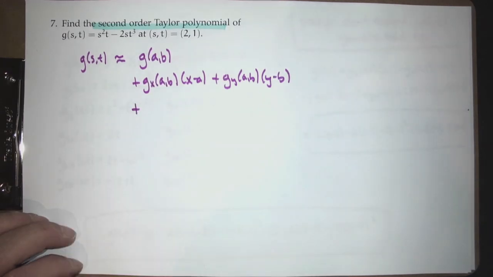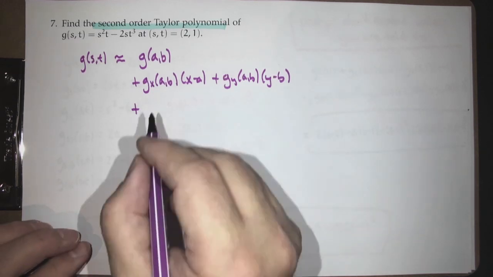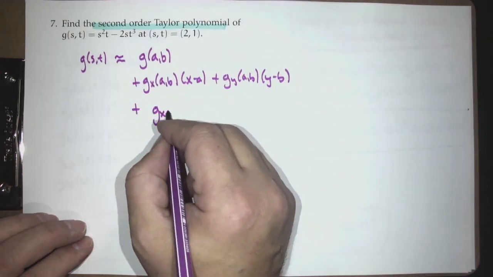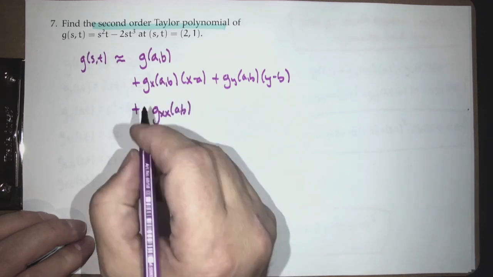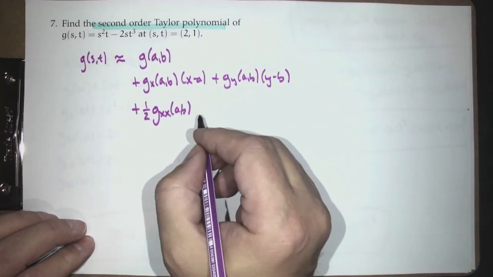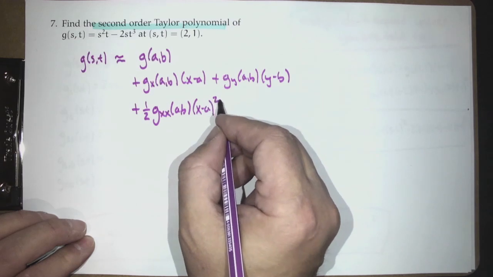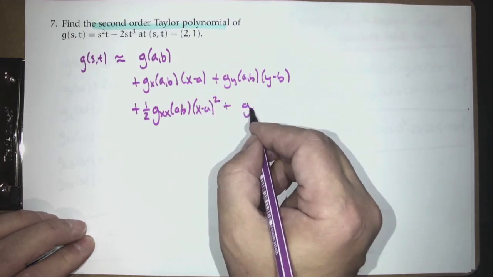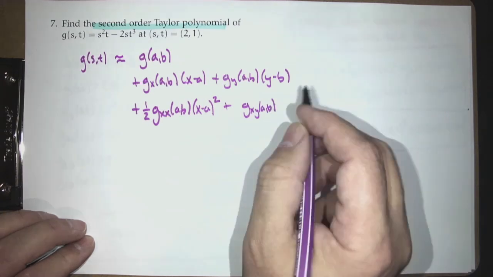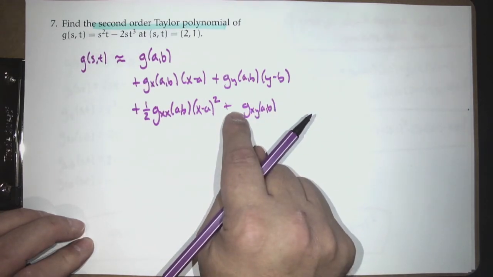Then comes the fun part, second order. So g_xx(a,b), that'll be part of it. What do you need to have attached to this? Don't forget the half, that's important. And (x minus a) squared. Then comes the next term, g_xy(a,b), which needs to have, yeah, it's a 1. So we don't need to write it.